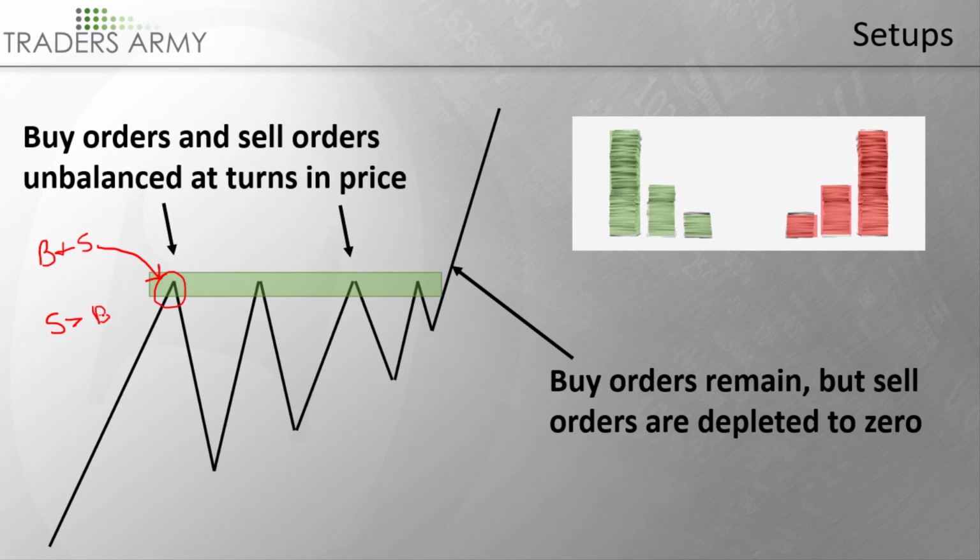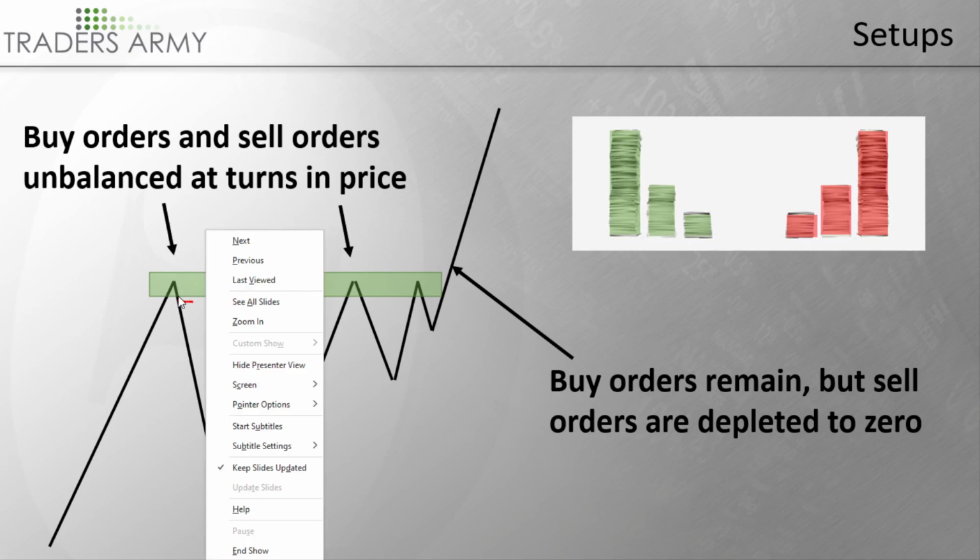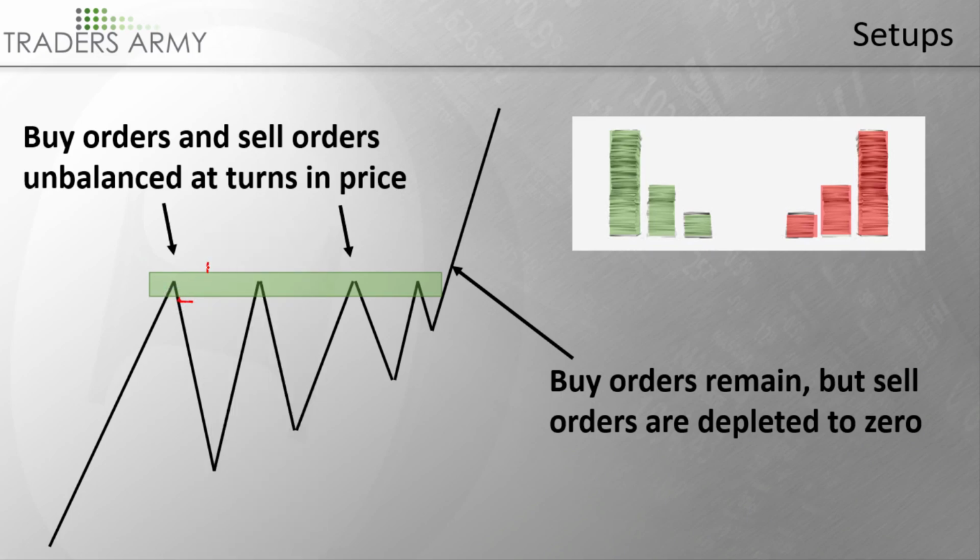Sellers had to be greater than the number of buyers in order for price to drop. We can go so far as to say that at this point right here, where price moved out of that level, there were no willing buyers at that price.